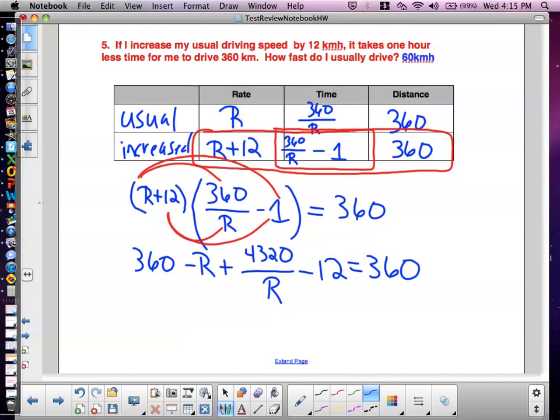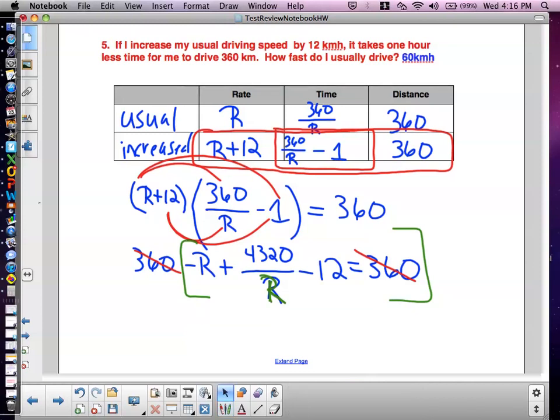You can see that the 360s on each side will eliminate each other. And then I could use an LCD method on what remains to eliminate the R fraction right here.